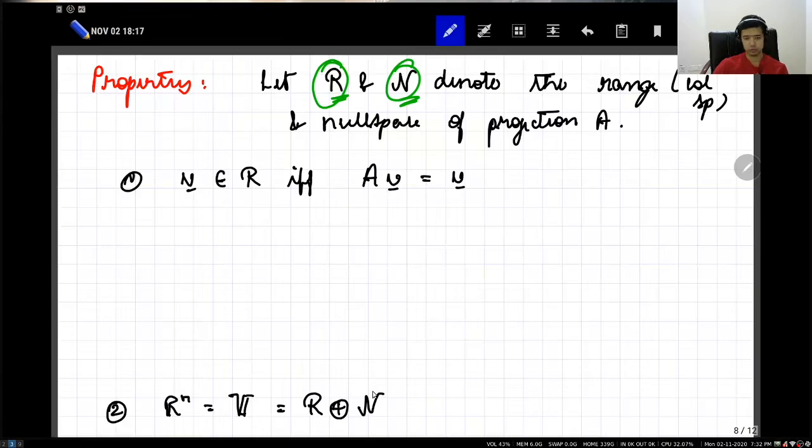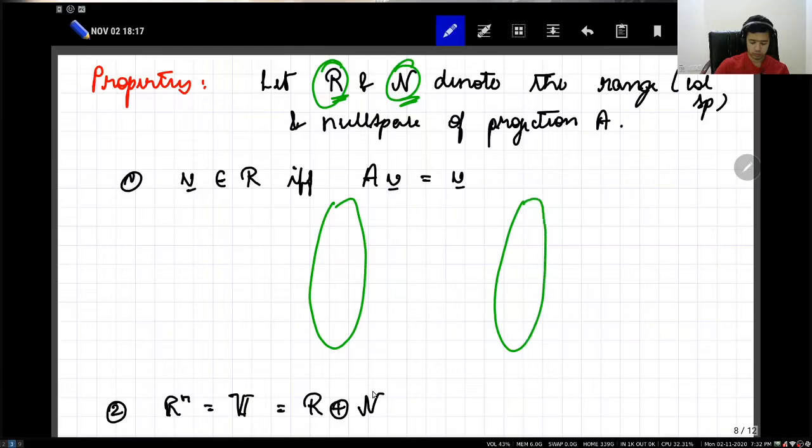It helps to think about this in terms of the four fundamental subspaces. This is your domain Rn, this is your codomain Rn. You have these four subspaces: the row space and the null space.